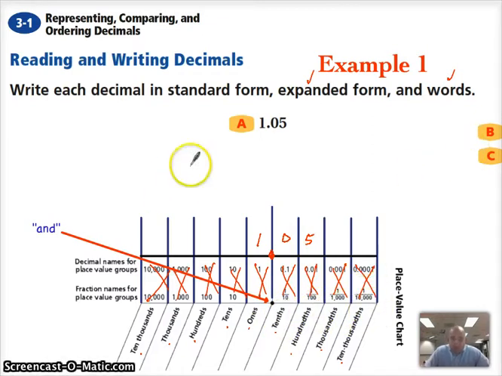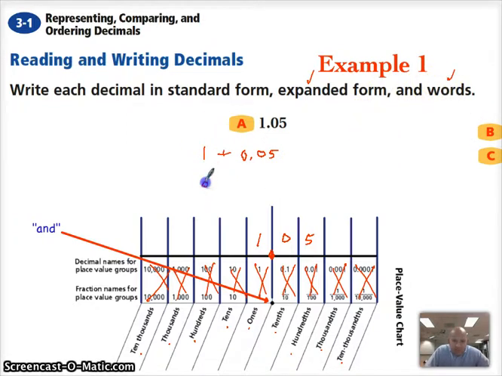Now, how do we write this in expanded form? Well, we write this as 1 plus, now instead of saying 0 tenths, since there's nothing there, we're not going to put 0 tenths, but we're going to go to the 5 hundredths. So we're going to write down 1 plus 5 hundredths. Now that's the expanded form. Now, in terms of words, how would we write that?